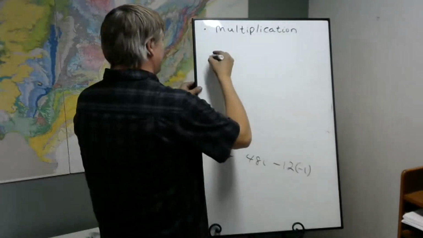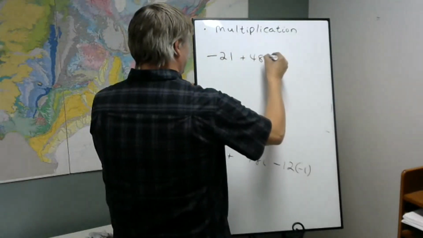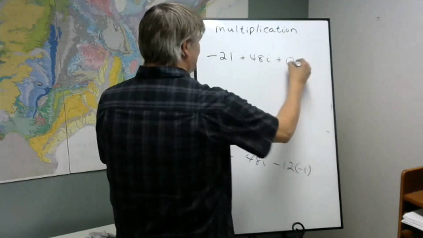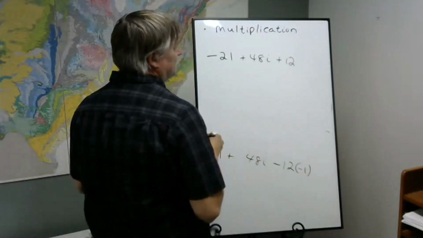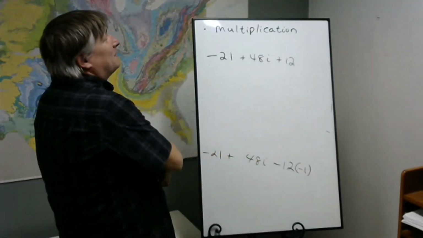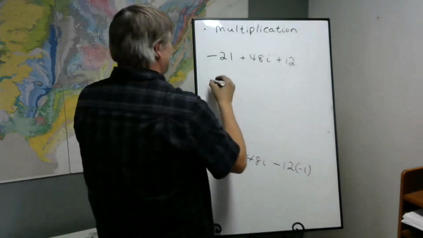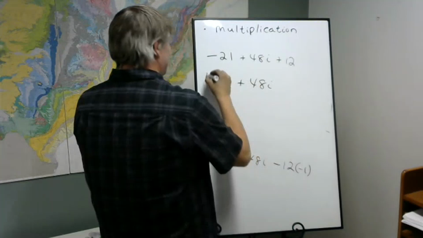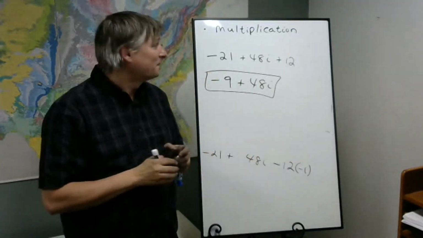So this will be -21 plus 48i. Negative and negative will become positive. Combine these real parts: -21 plus 12 is -9. And that's going to be our answer.